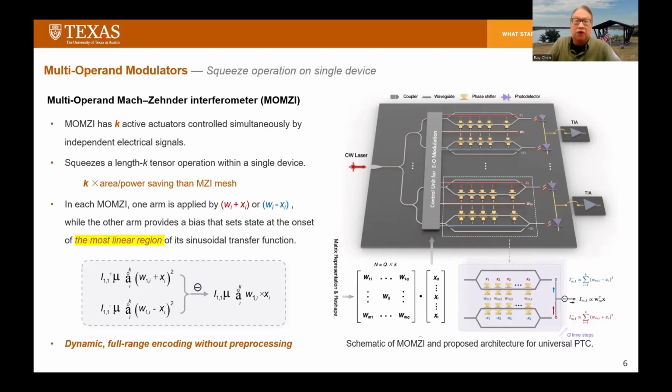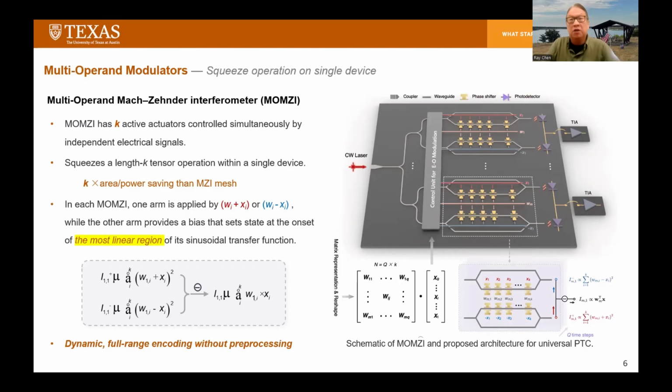So we place a differential multi-operand MZI pair. In each multi-operand MZI, one arm is driven by WI plus XI, where XI is the signal and WI is the weight, or you can also use WI minus XI, where the other arm provides a bias that sets the state at the more linear region of its transfer function.